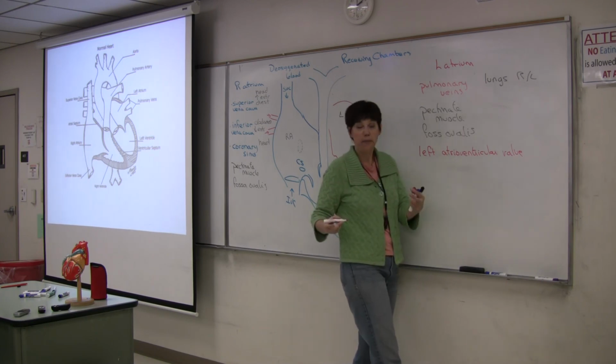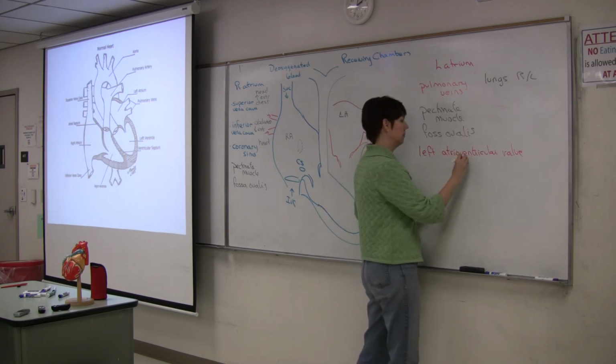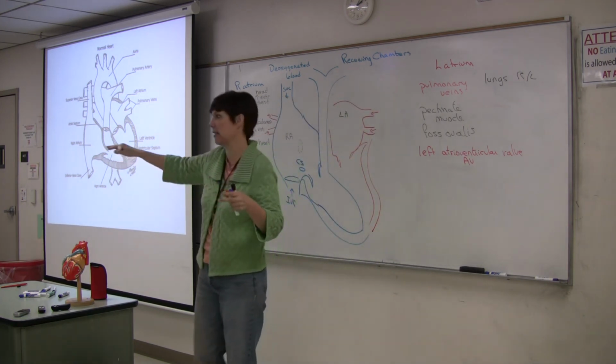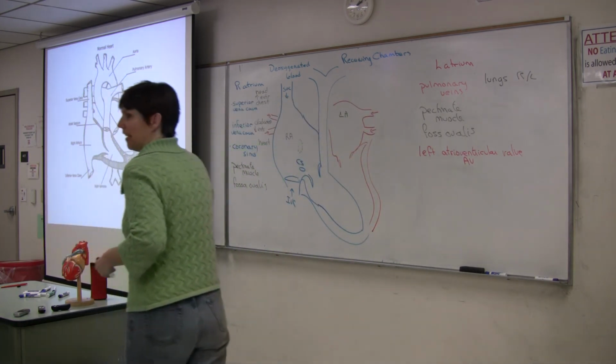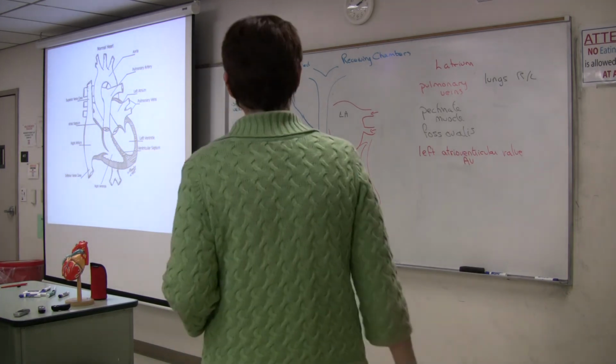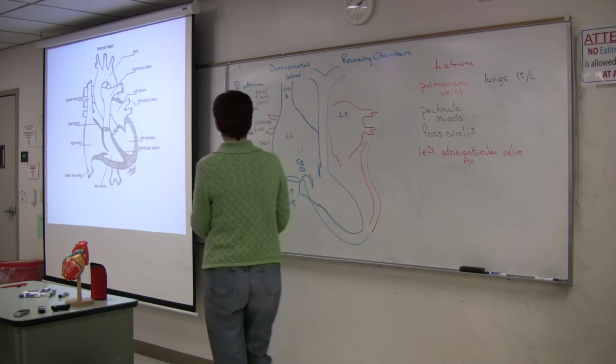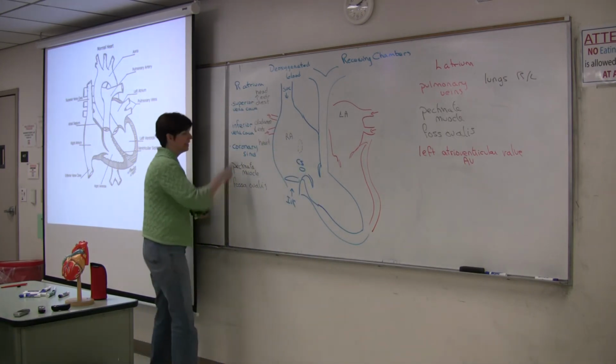Now, when I write a question about it, I'm going to make an abbreviation and call it the AV valve, but you guys already know you have to write the entire thing out when you write an answer for a lab quiz or exam.